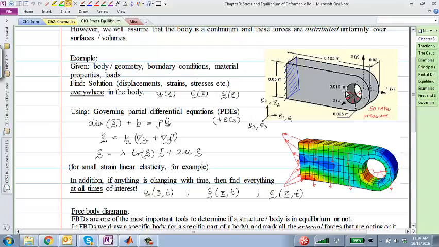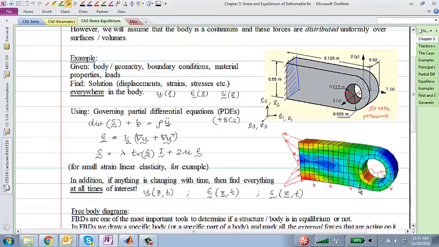Due to those external forces, the body is going to deform and build up stress internally. But when we draw a free body diagram of the entire body, we only mark the external forces, correct? And by the way, equilibrium will hold in the deformed configuration, not in the undeformed configuration, right?